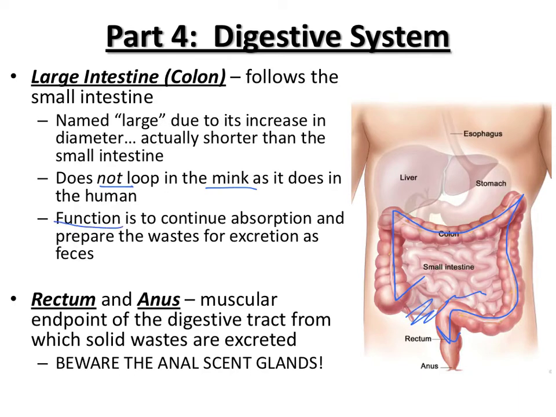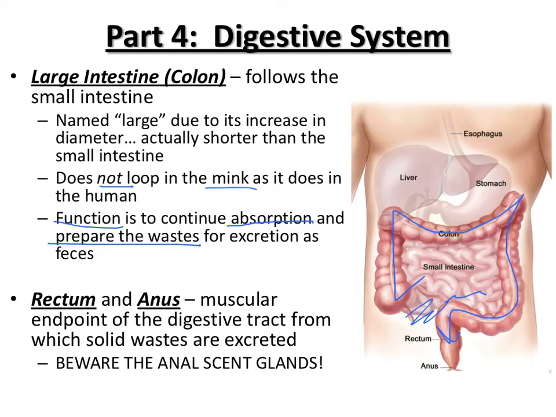The function for the large intestine, or sometimes called the colon, is to absorb more nutrients, but also to prepare your waste. So you're going to start actually secreting some liquids here too, and you're going to continue forming your excrement, your feces.